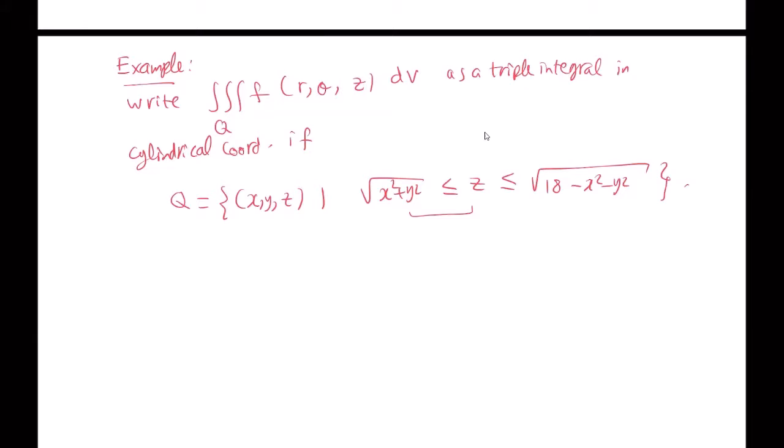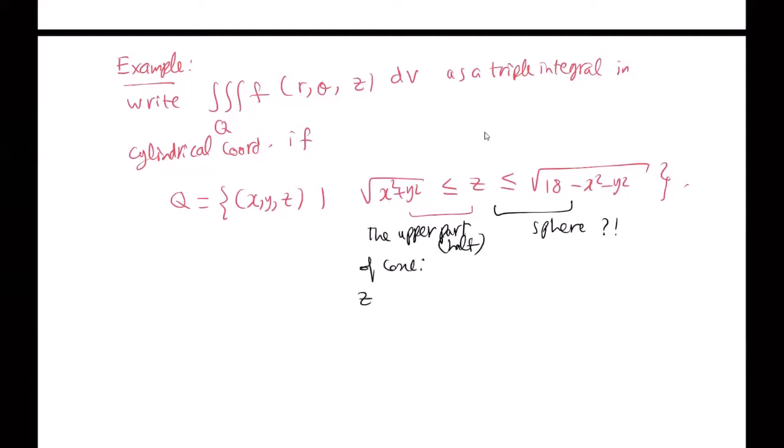How to prove that, Mahmoud? We set Z equals the square root. Yes, this is the upper semicone, the upper half of the cone.